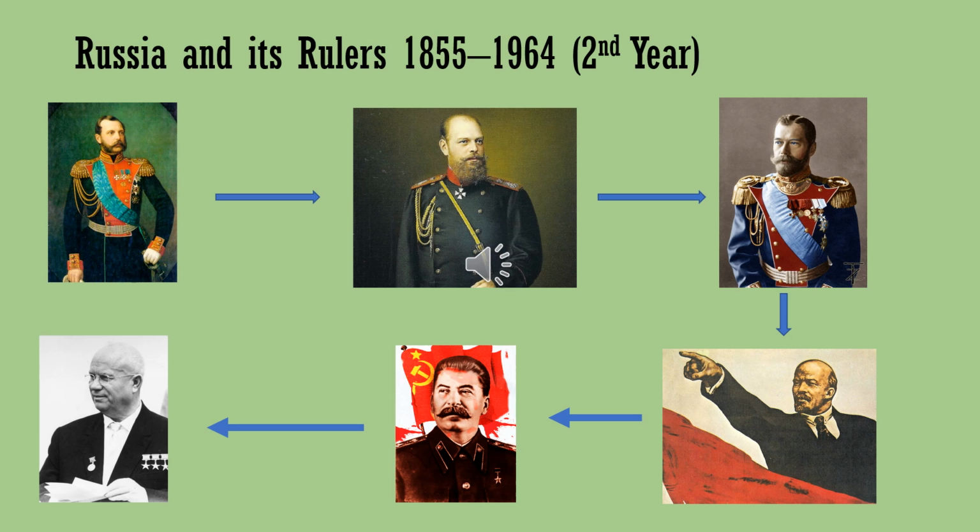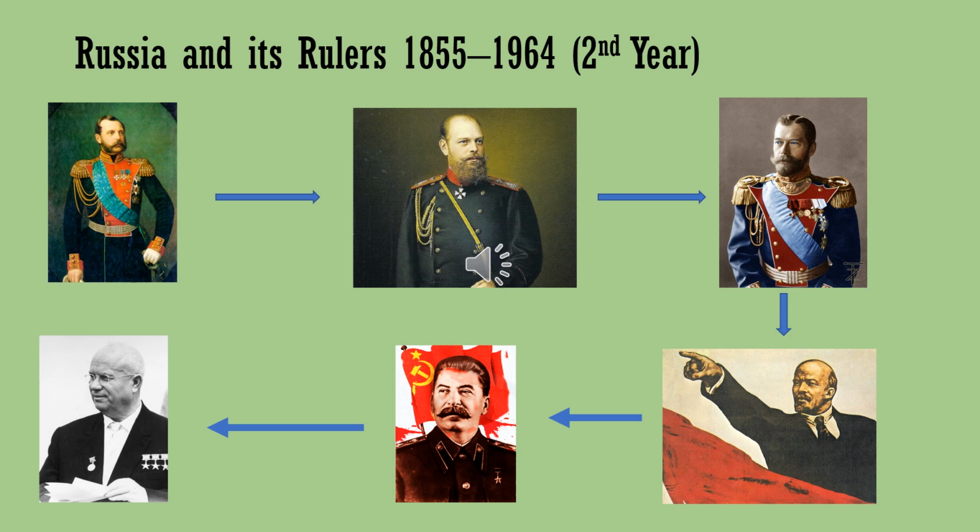So in the top left-hand corner, we've got Alexander II, the great liberator. Then we look at his son, very repressive Alexander III, and finally we look at the last Romanov, Nicholas II, and how he ended 300 years of Romanov rule by disastrously taking Russia into the Second World War.